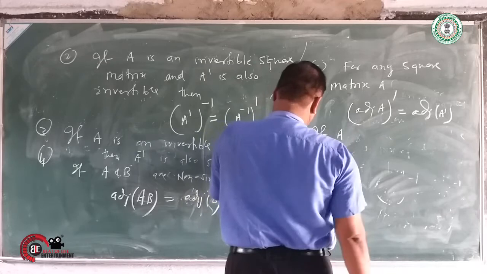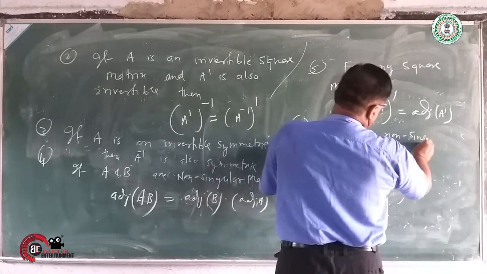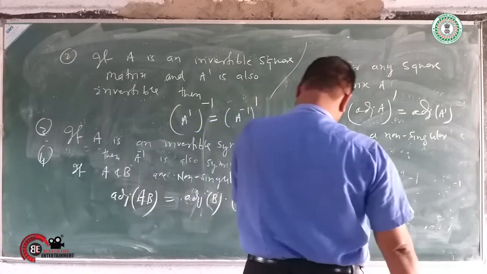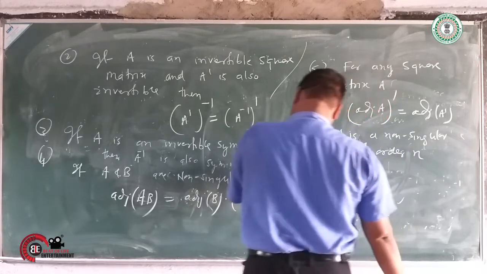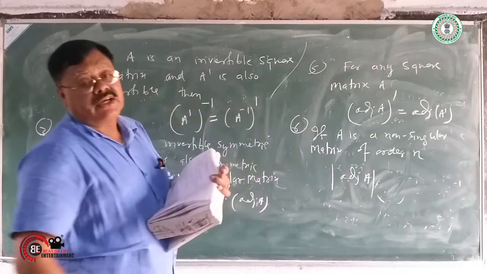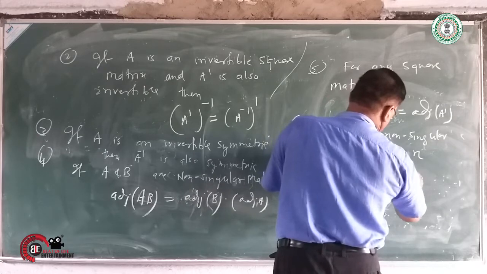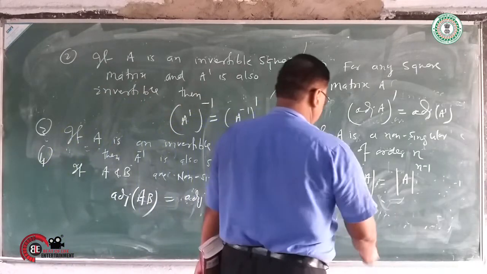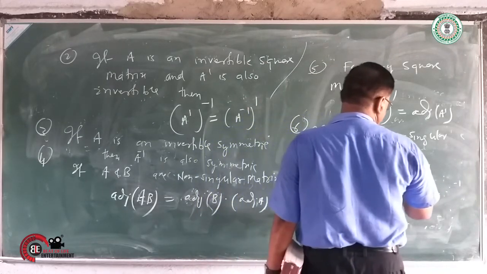Now that is the sixth property. If A is a non-singular matrix of order n, then determinant of adjoint A is equal to determinant A to the power n minus 1.